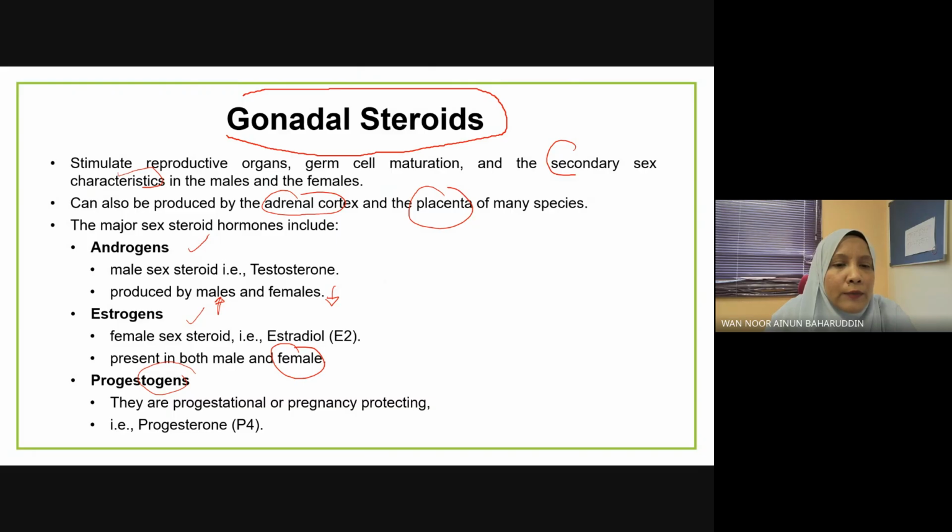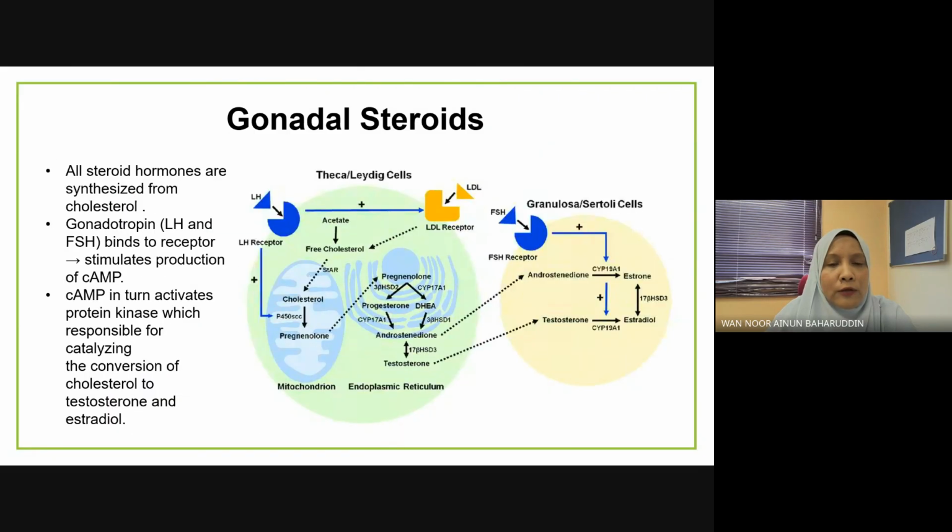Then progestogen is progestational or pregnancy protecting. It is also called progesterone, P4. All steroid hormones are synthesized from cholesterol. So we can see the gonadal steroids inside the male are produced by the Leydig cells with the collaboration of Sertoli cells. Okay.